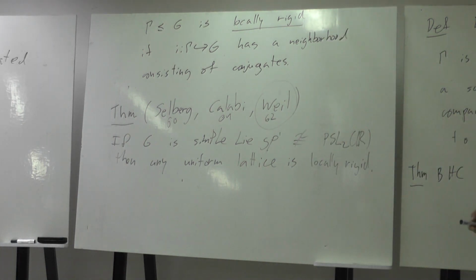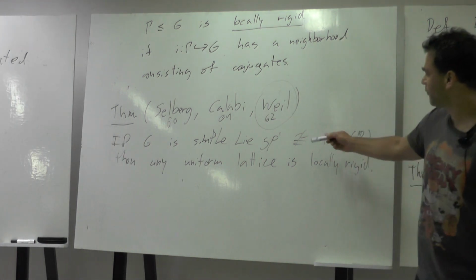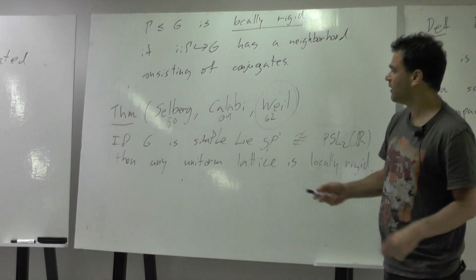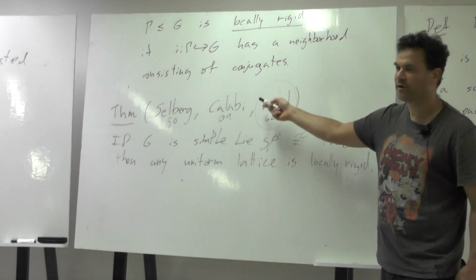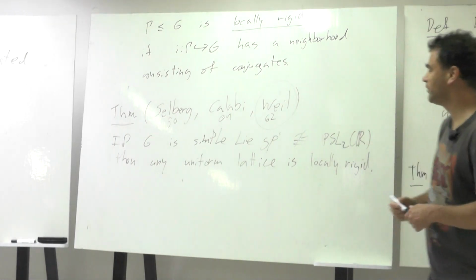Selberg proved it for SLn with n greater or equal to 3. Calabi proved it for SO(n,1), I think, or SU(n,1), I don't remember. And Weil did the general case. So it's called Weil local rigidity.